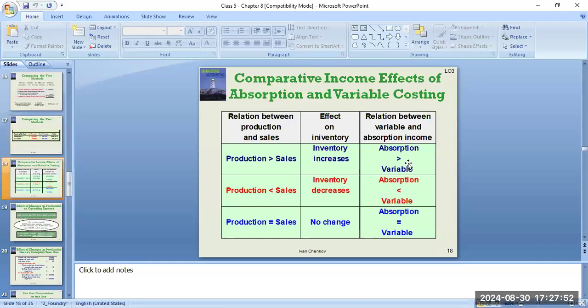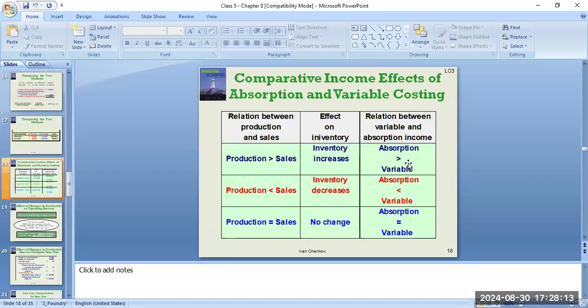What's the conclusion that we can make? If our production is more than the sales, our inventory increases, which means that absorption costing operating income will be higher than variable.